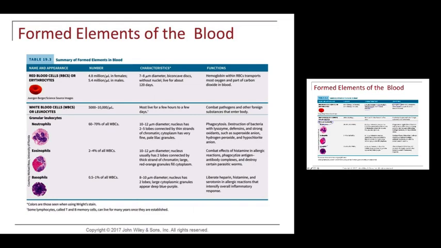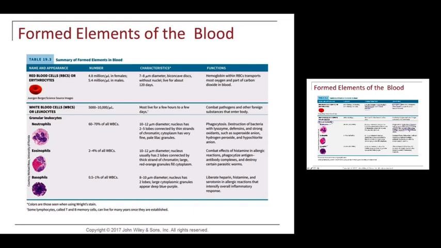We know that the neutrophils destroy bacteria. They kind of release these strong enzymes to break down the pathogen. You can see they release these lysozymes, defensins, strong oxidants, such as superoxide anion, hydrogen peroxide.